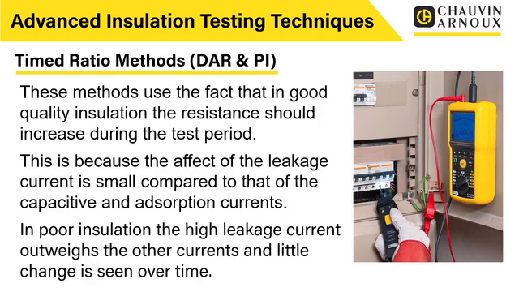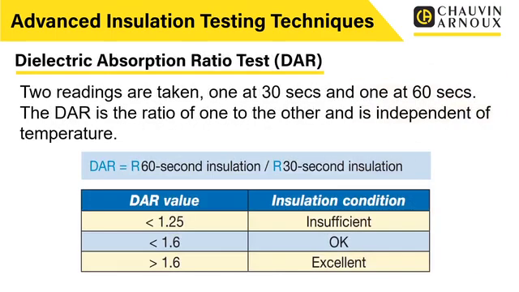So by carrying out this ratio test, we're using the fact that if we've got a small leakage current, then we should see a greater effect of the capacitive and absorption currents, whereas if we've got a high leakage current, in which case poor insulation, then we won't see much of a change over time.